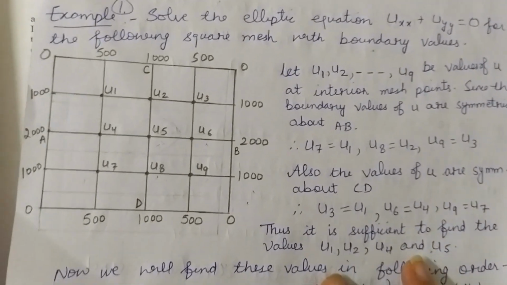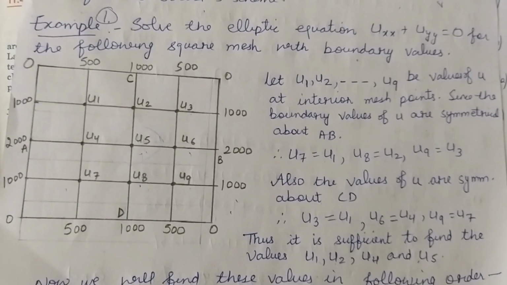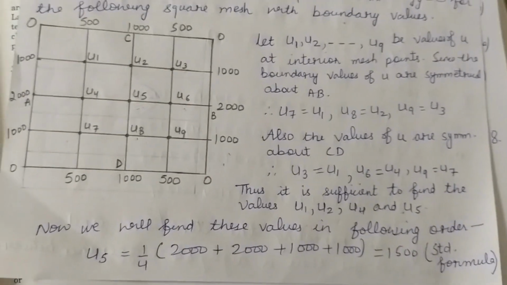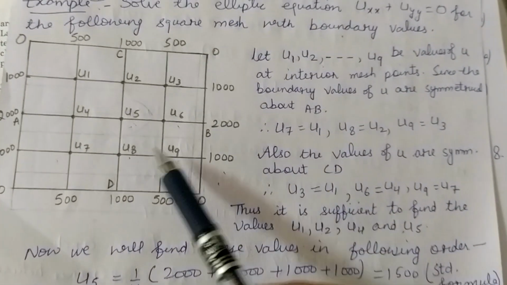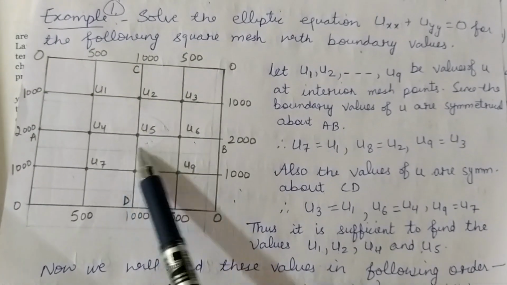So now we will find out these values using our two formulas that we have done already, that is standard formula and diagonal point formula. Okay. So I will find out the value. I will start the value from here, u5. This is at the center.